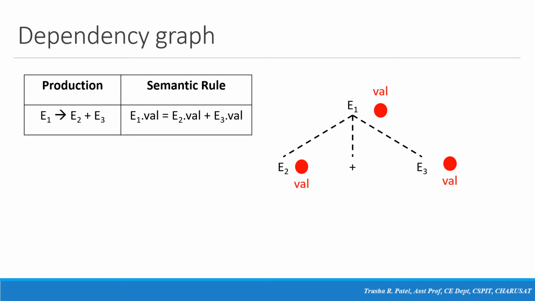So the values of all three we have to display, and the dependency graph will be drawn like this. E1 depends on E2, so there will be an edge from E2 to E1, and E1 also has a dependency on E3, so there is an edge from E3 to E1. So this red color indicates the dependency graph for the parse tree.